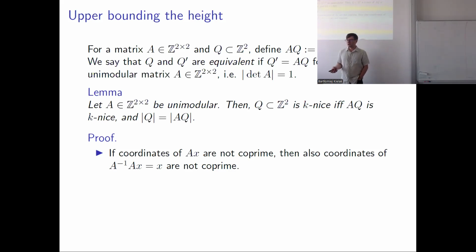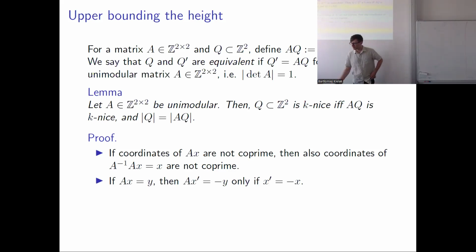Imagine that we obtained some point Ax whose coordinates are not coprime, so they are divisible by some s. But if I apply any matrix to this point, I obtain a new point whose coordinates are linear combinations of the original. So both coordinates are divisible by s again. But in particular, I can apply the inverse of A, which is unimodular, and I get my original point, which says that the property of points being coprime is preserved when applying unimodular matrices.